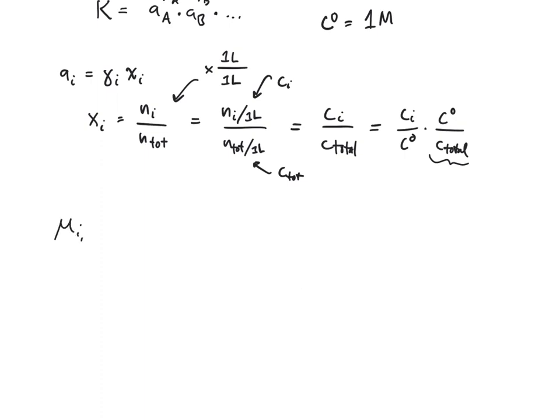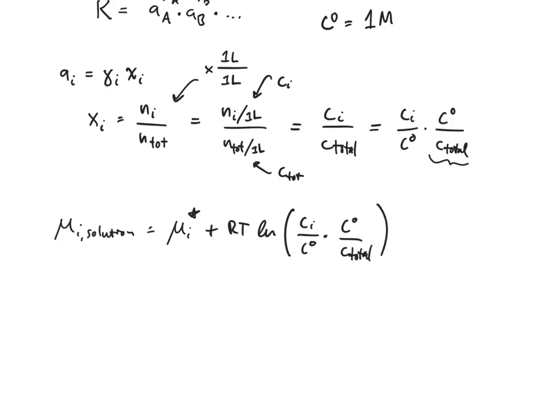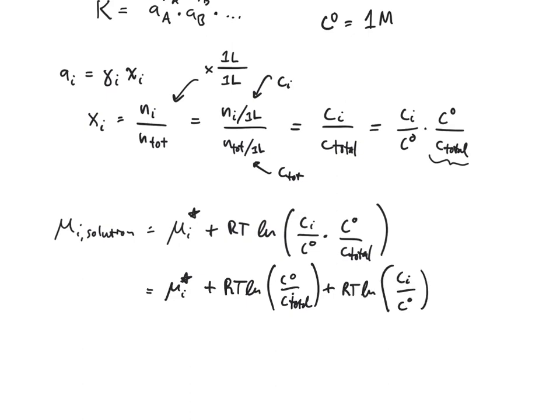So what are we going to do with this pesky term right there? Well, we're going to rewrite the chemical potential in the solution as the chemical potential in the pure state of that substance plus RT natural log Ci over C naught, multiplied times C naught over C total. But then, of course, I can just use the rules of logs and write RT log C naught over C total plus RT log Ci over C naught.